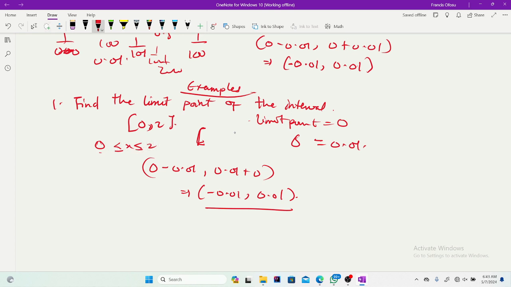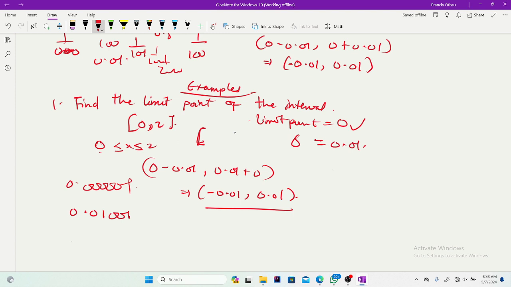You can have 0.00, 0.000001, all falling within this interval. So within this interval you can get something like 0.01001, and we can also identify that one here, right? So meaning that 0 is indeed a limit point of this set.